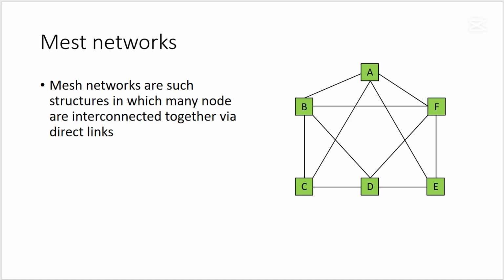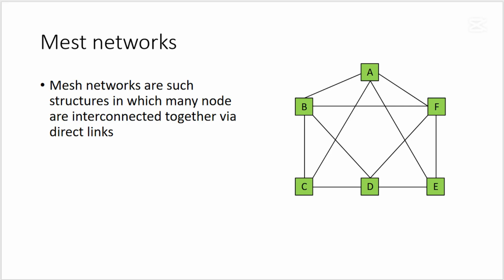Characteristics: we can have a full mesh, where every node connects to every other node, or a partial mesh, where select nodes are connected. High redundancy as there are multiple paths for data transmission. Complex design and higher cost due to many connections.